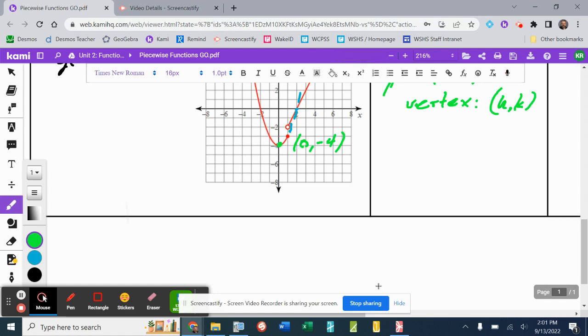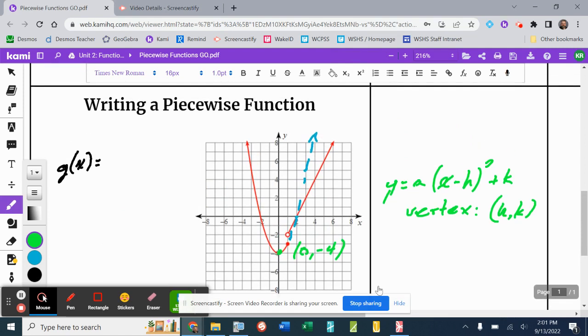So when I'm going to write this rule for my piecewise function, it's going to be x squared, because that's our parent function. Notice that the h would be 0, so it'd be x minus 0. So I'm just going to write it as x squared. And then we're subtracting 4, so we have -4. And we'll come back to the subdomain in a little bit.